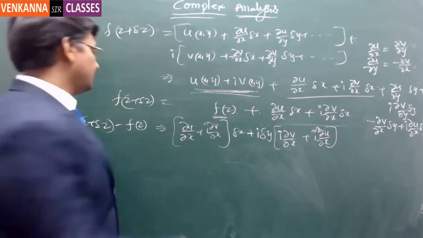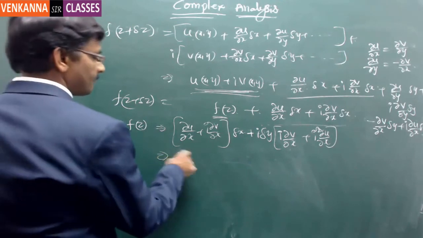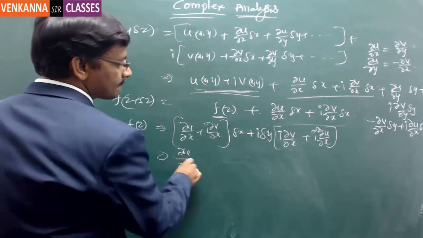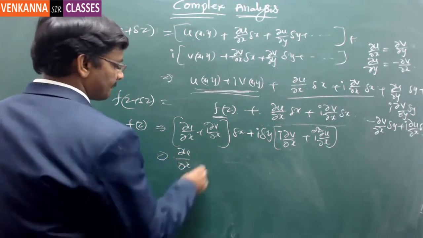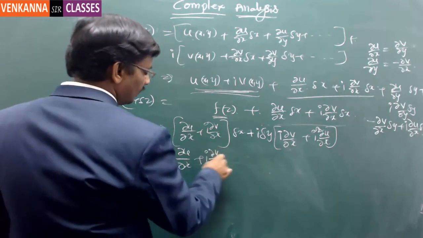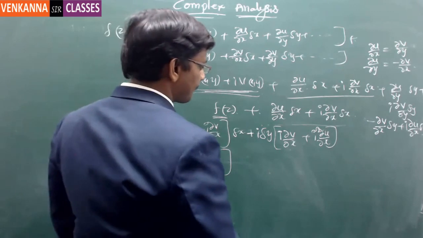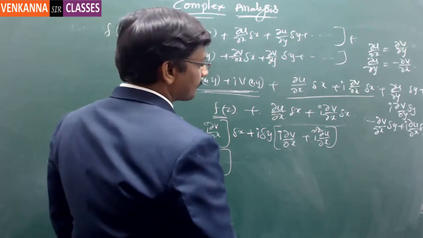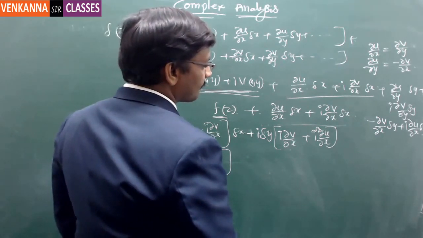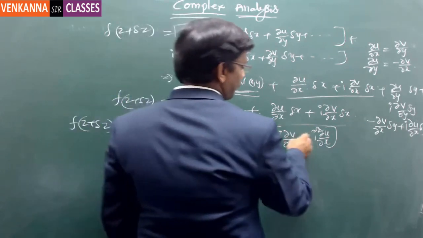Okay, so then this is dou u by dou x plus I times dou v by dou x. Sorry, this is minus here.